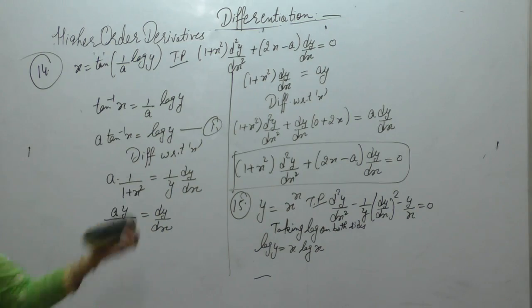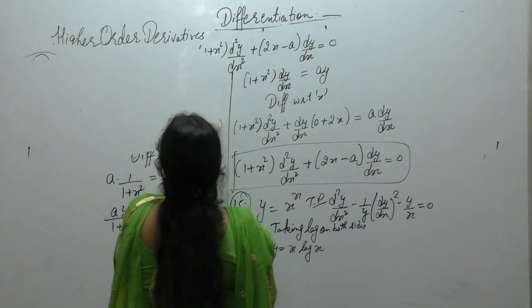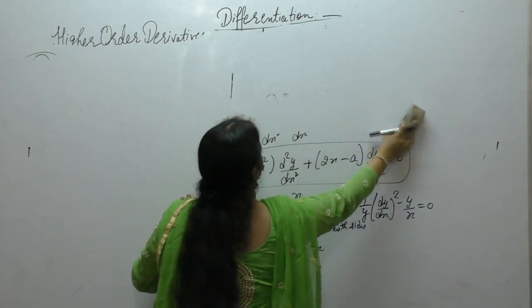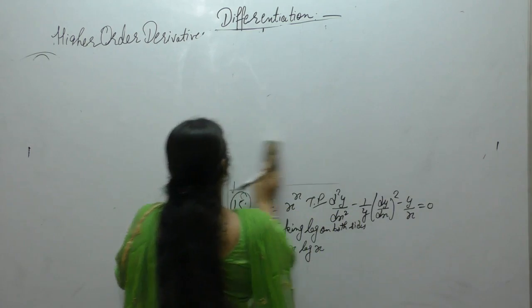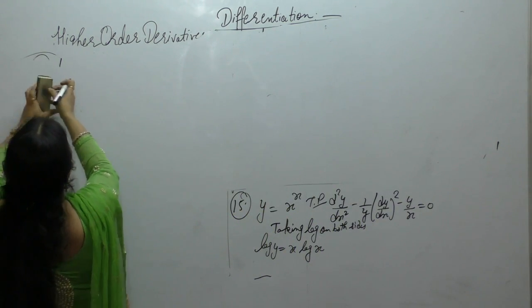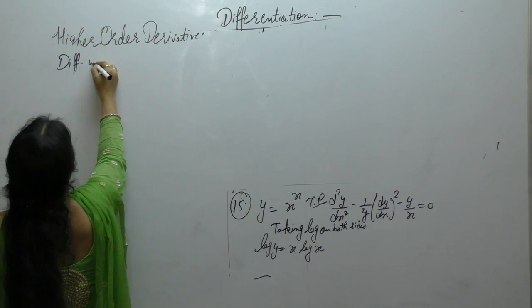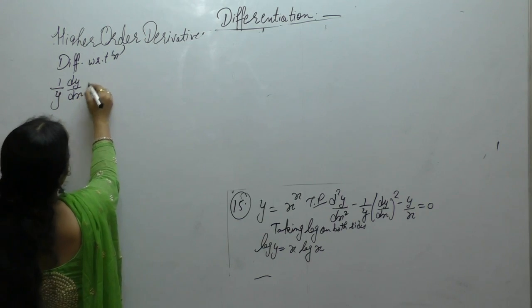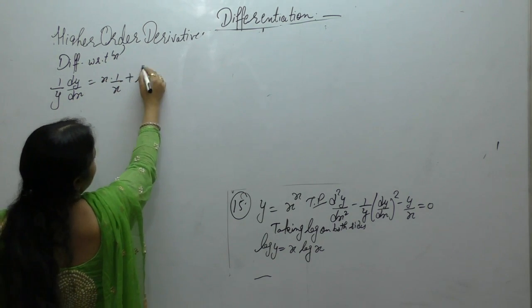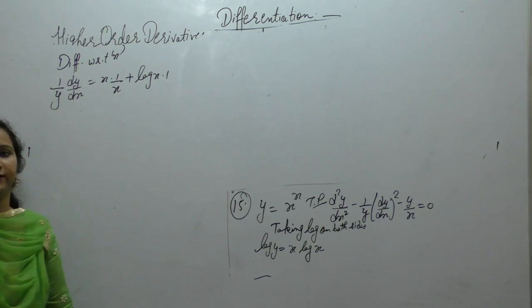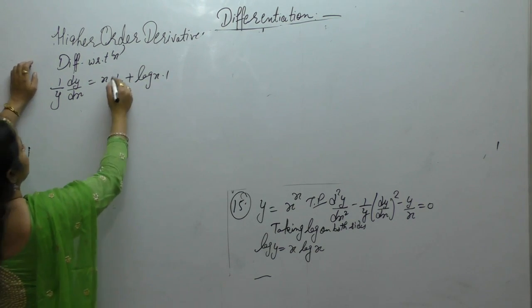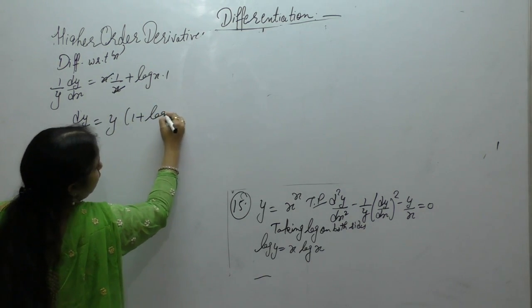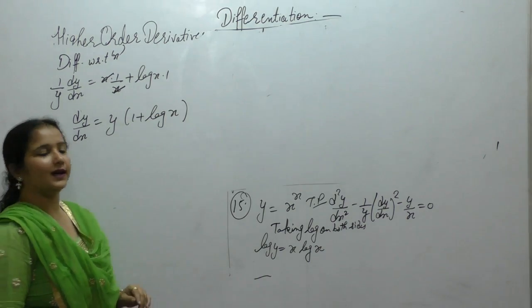Now differentiate with respect to x: 1 upon y dy upon dx, first function, derivative of second plus second, derivative of x is 1. So dy upon dx is equal to y into (1 plus log of x).